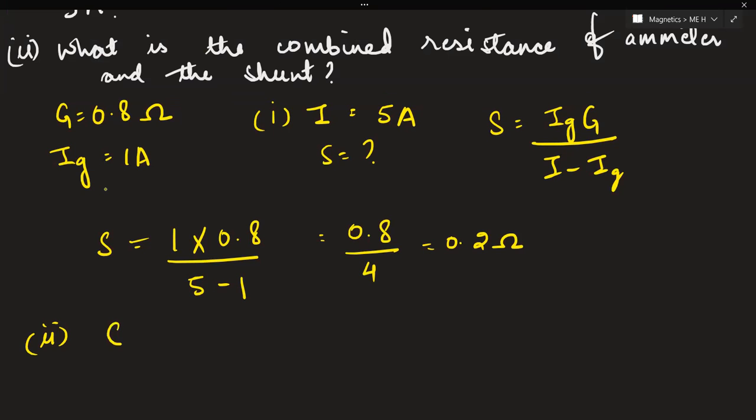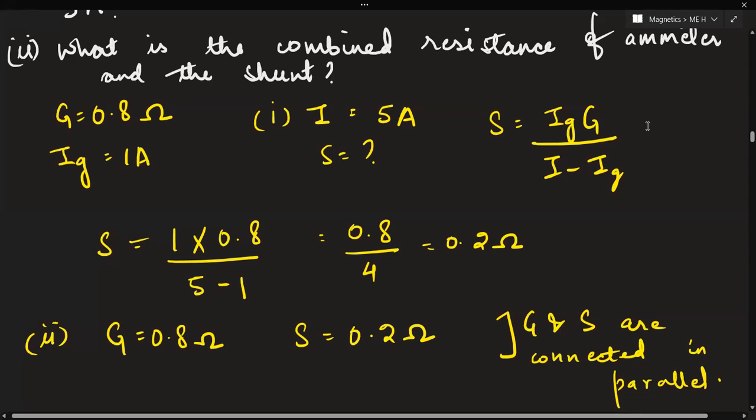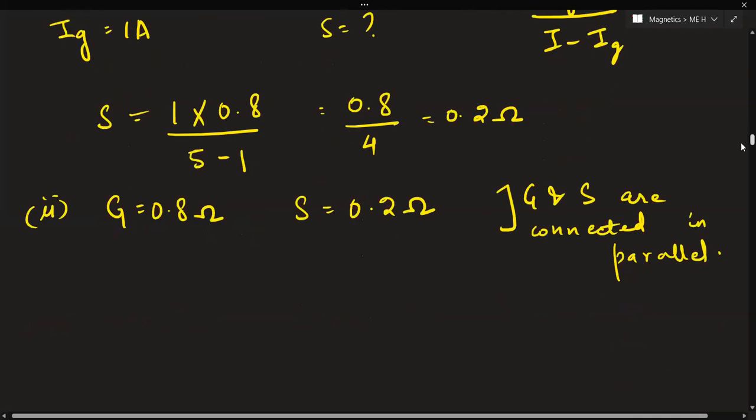If the resistance of the galvanometer is given as 0.8 ohms and the resistance of the shunt is 0.2 ohms, and both these G and S are connected in parallel, I cannot directly add to get the combined resistance.